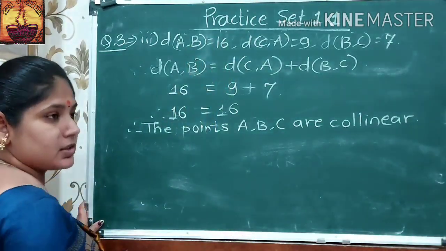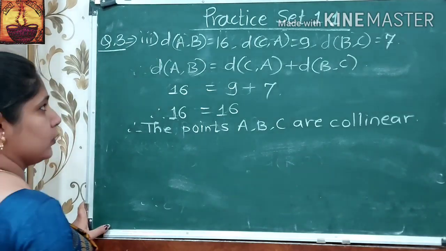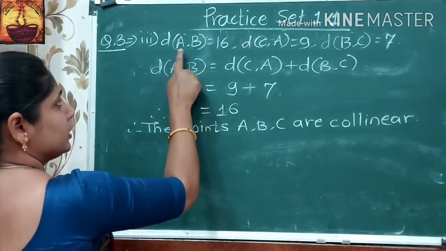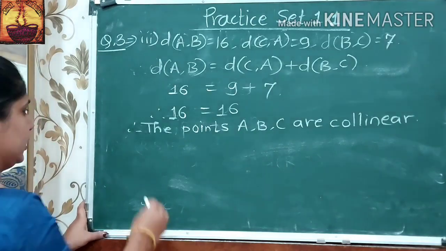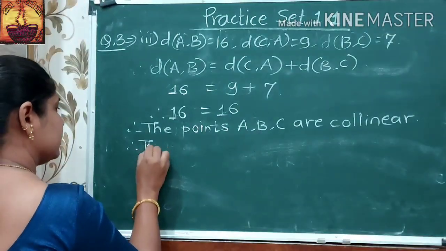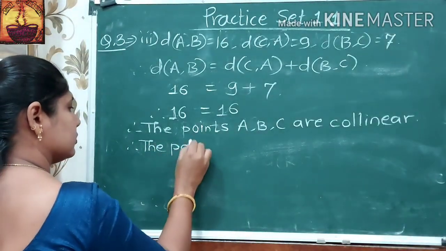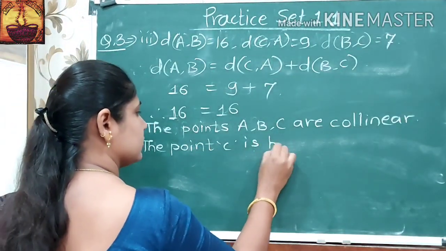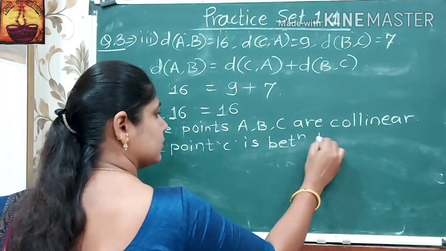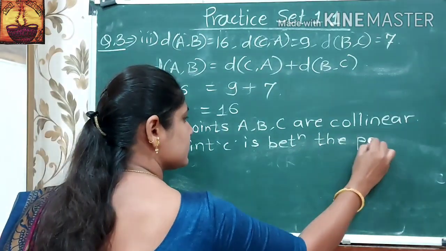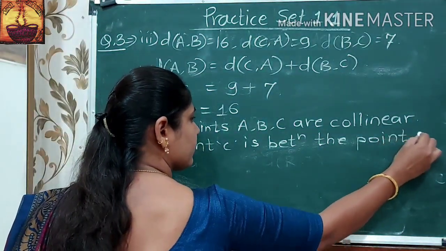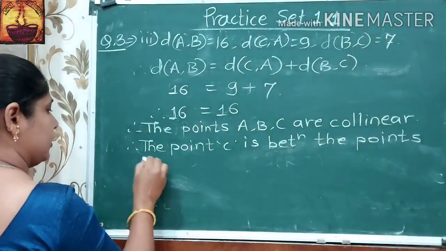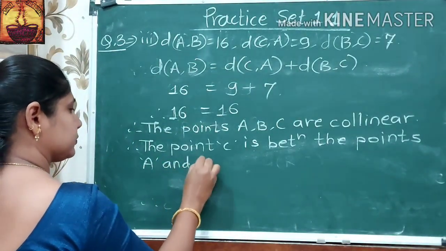Distance AB is the larger distance. Therefore, point C is between the points A and B. Therefore, write here the point C is between the points A and B.